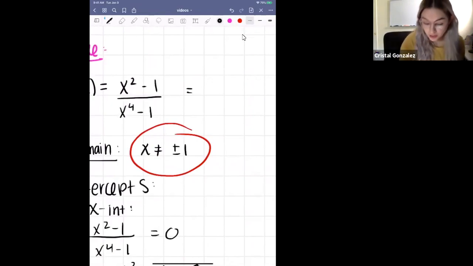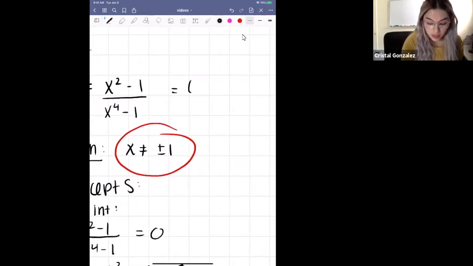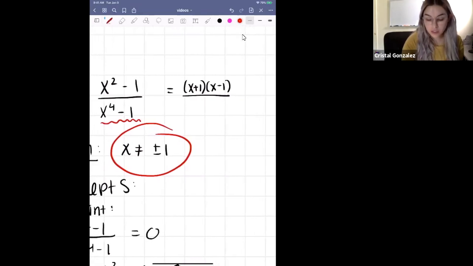You should factor. So if I look at this function, I want to factor the top to be x plus 1, x minus 1, because I have the difference of two squares. And then down here, I also have the difference of two squares. So my difference of two squares here is x squared minus 1, x squared plus 1, because I had a fourth power here.